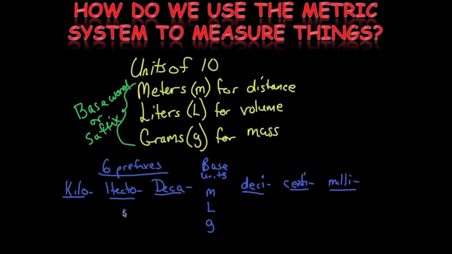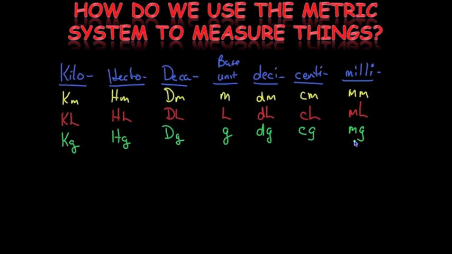Now, each one of these prefixes will be associated with the type of measurement it's making. And I'm going to write the symbols down for each one. Now, each prefix has a value as well. Kilo has a value of 1,000, meaning if you have 1 kilometer, that is equal to 1,000 meters.